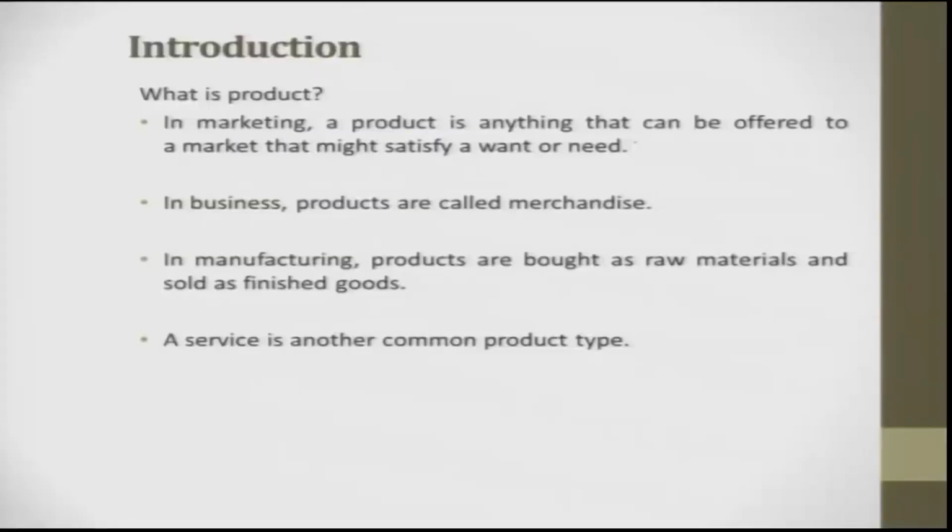Next, in business, that is to say in retail business, the products are always called merchandise. In manufacturing, you buy raw material, add value to it and convert it into finished goods. When you talk about the service sector, the product has a different definition.